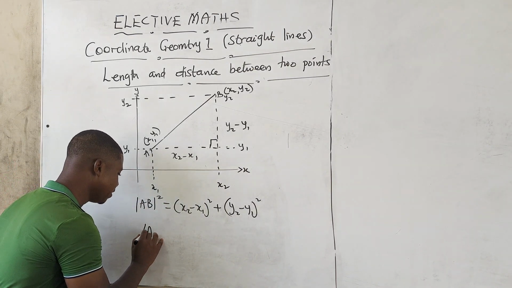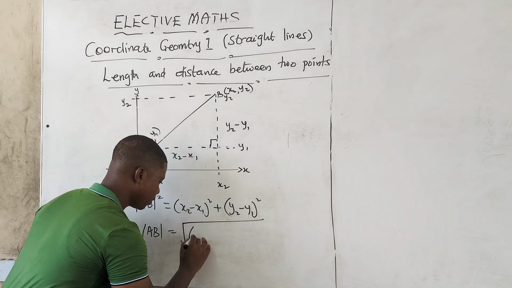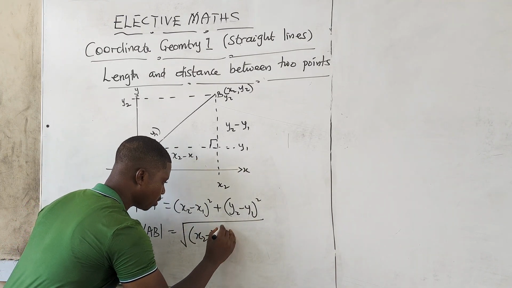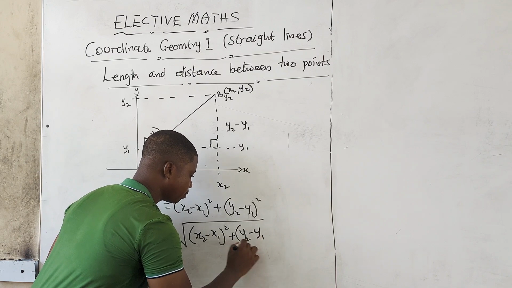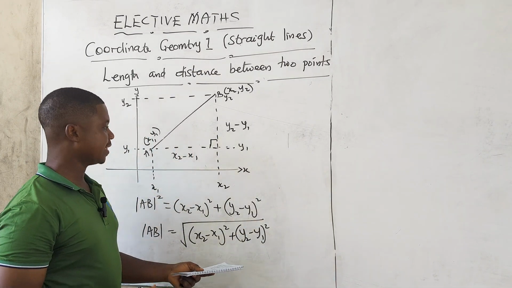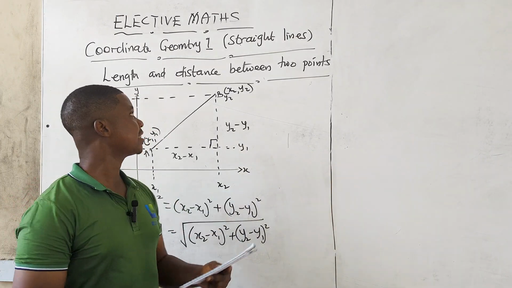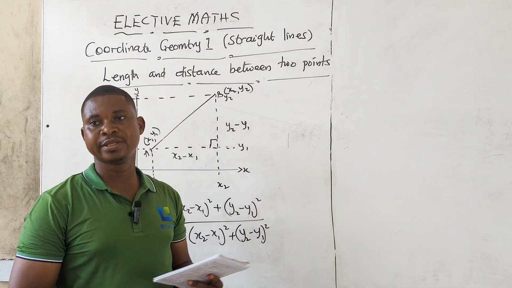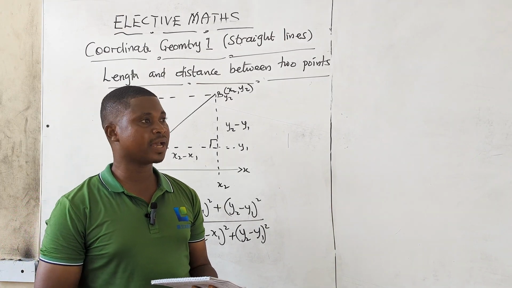So the distance AB is equal to the square root of x2 minus x1 all squared plus y2 minus y1 all squared. And this is the formula for finding the distance or length between 2 points. Let's use it to solve some examples.